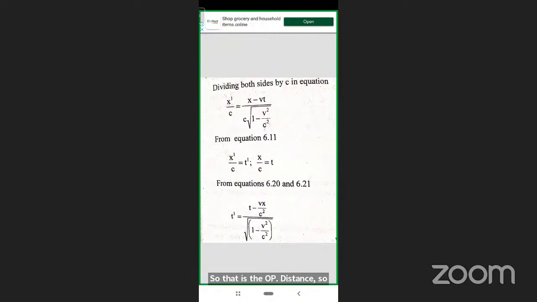We substitute these values in these two equations and we get the k value. Substituting k in equations 1 and 2, we get the x dash value, y dash, z dash and t dash. Those four equations are the Lorentz transformation equations.